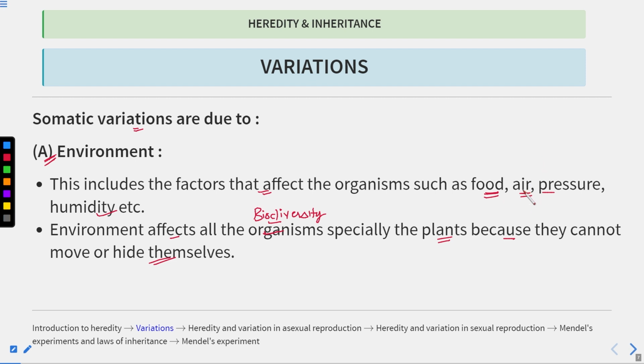There can be pollutants in the air, and differences in the carbon dioxide and oxygen levels. Then the atmospheric pressure and the humidity also play a crucial role in generating somatic variations.